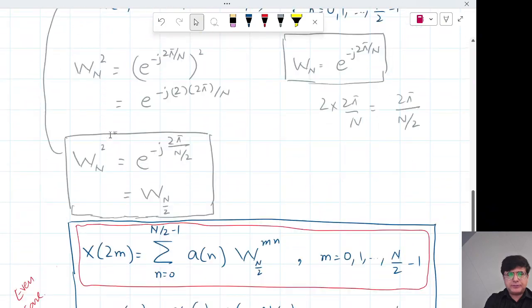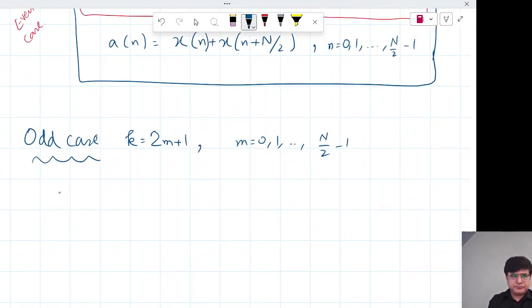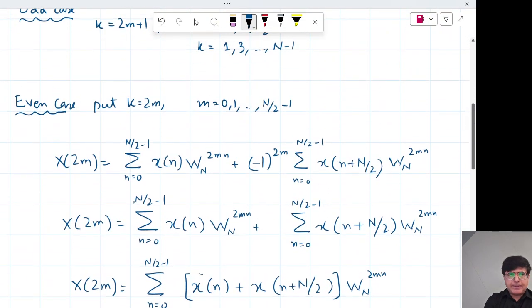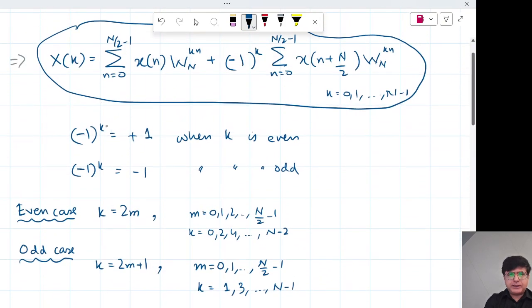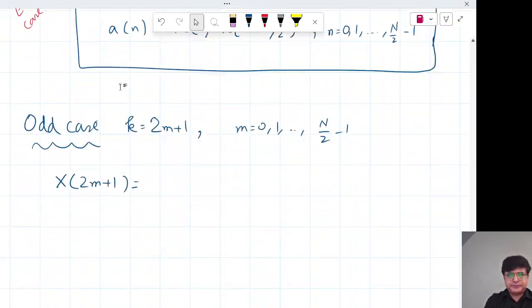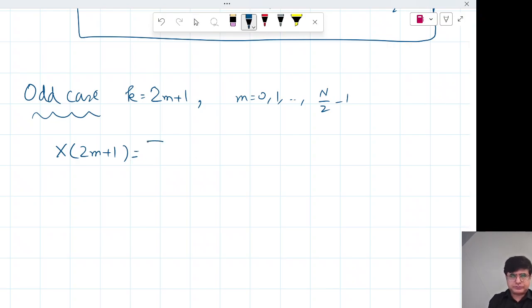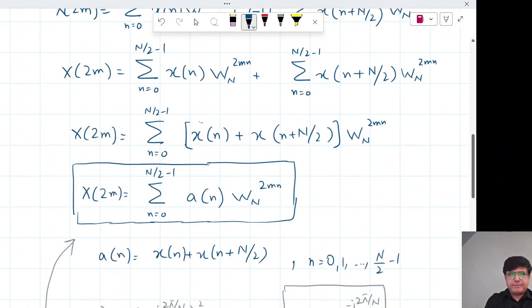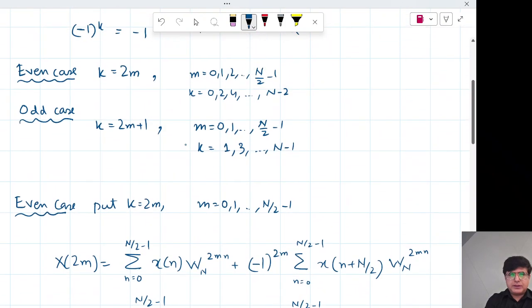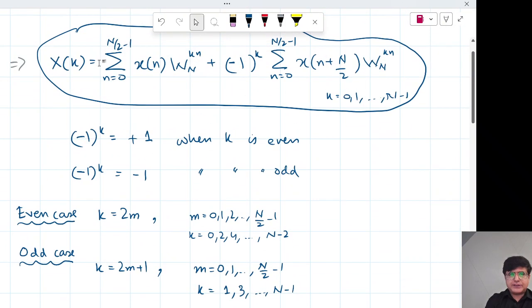So X of 2m plus 1 is equal to the sum n going from 0 till N over 2 minus 1, and then inside the sum you have X of n W subscript N to the power kn. So all you need to do is just replace k with 2m plus 1, that's it.